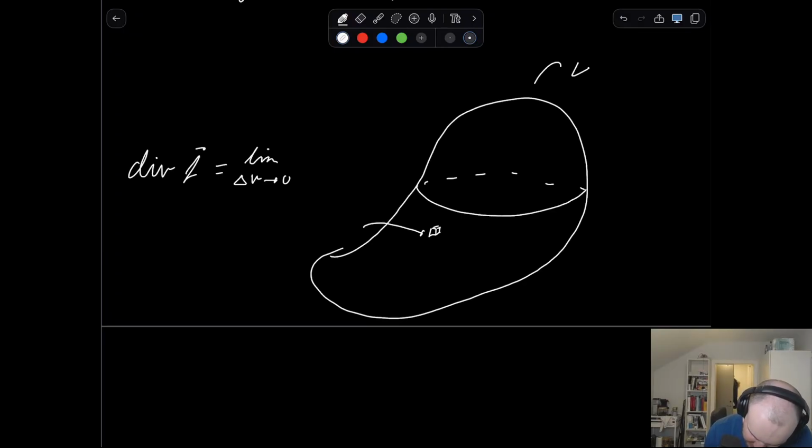V is the total. Then what we have is the surface integral, and I integrate over that small volume element.